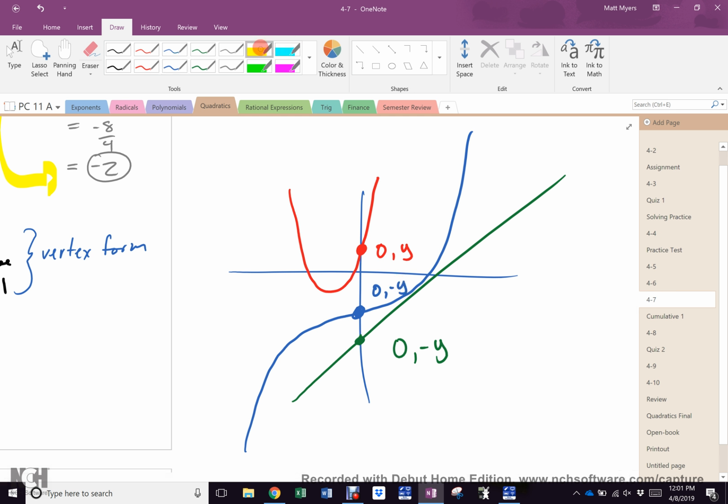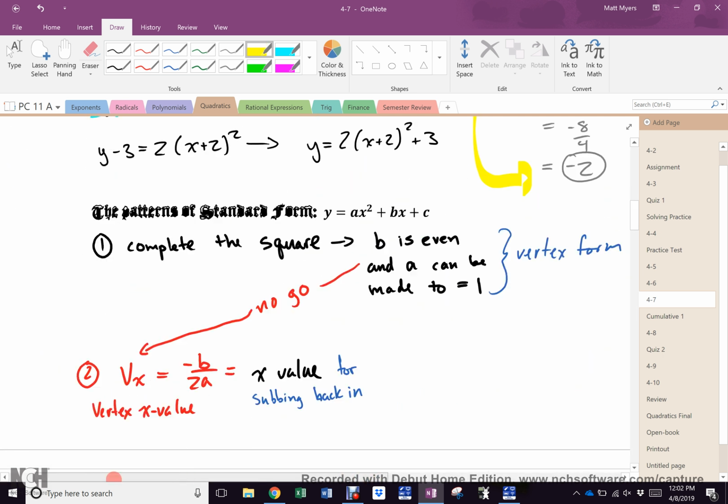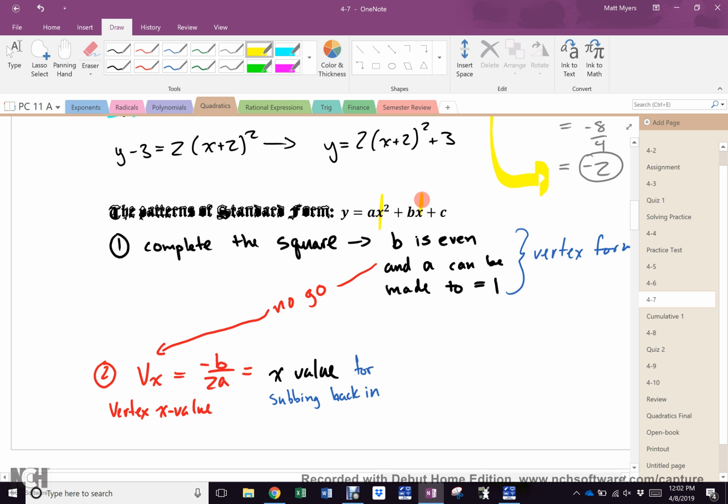What is the same in all three of those? 0. 0 represents what letter? X, correct? What do you see there and there? X's, right?